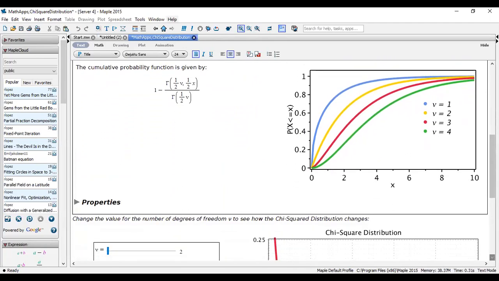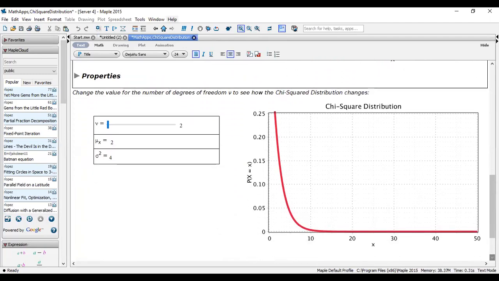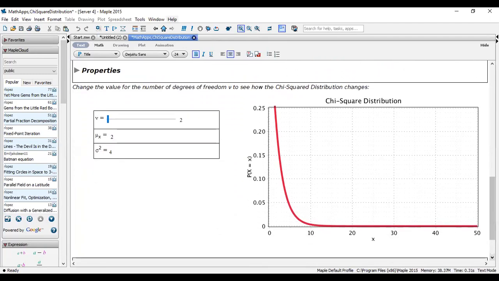Now, one of the important things that I need to show you regarding the chi-square distribution is that, you see, I'm going to move this cursor a little bit, and we are going to check how for different degrees of freedom the shape of the curve is being changed.